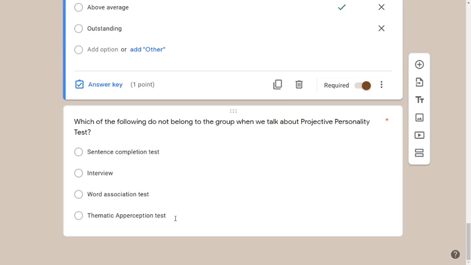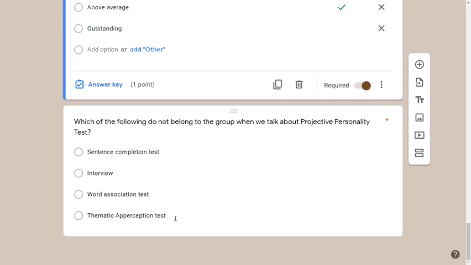For example, ice water, and the participant will say thirsty, cold. Or if you say ice cream, strawberry, mango, with my partner or lover. That actually tells us about the personality of the person as well. Therefore, this is a type of projective personality test.